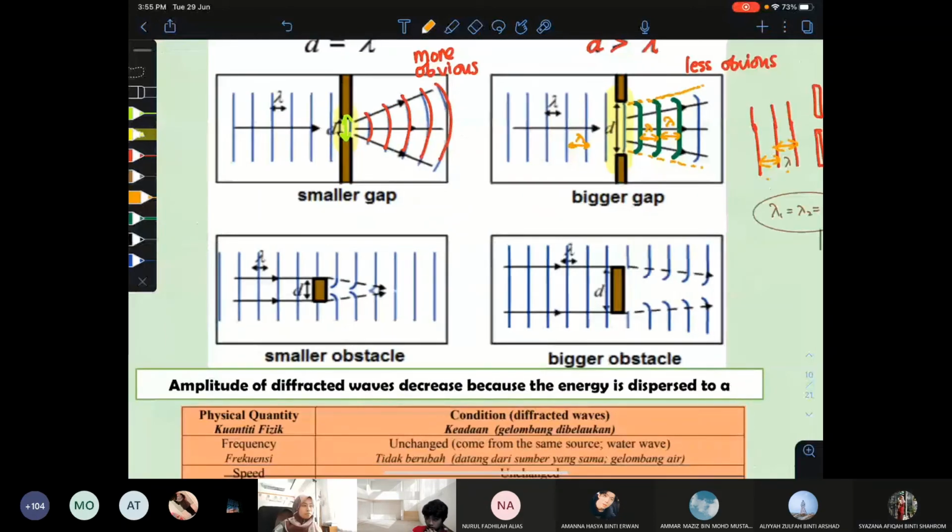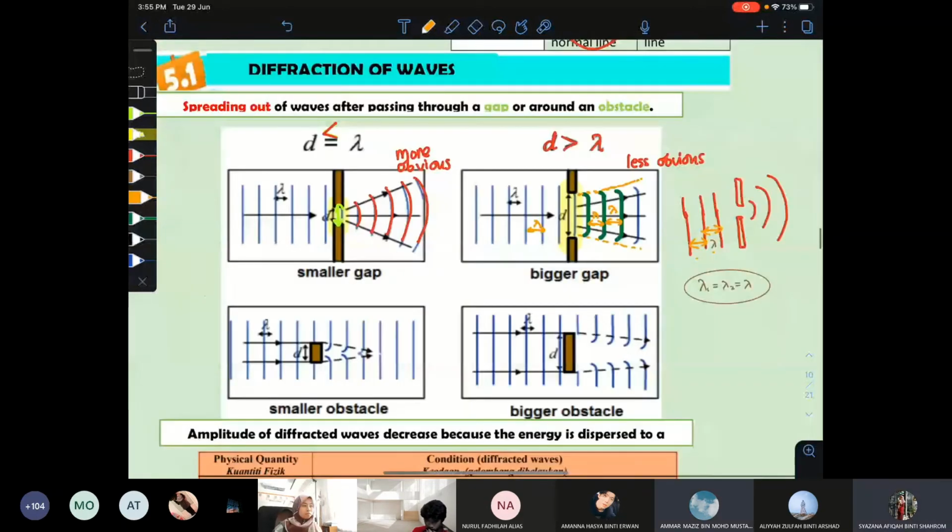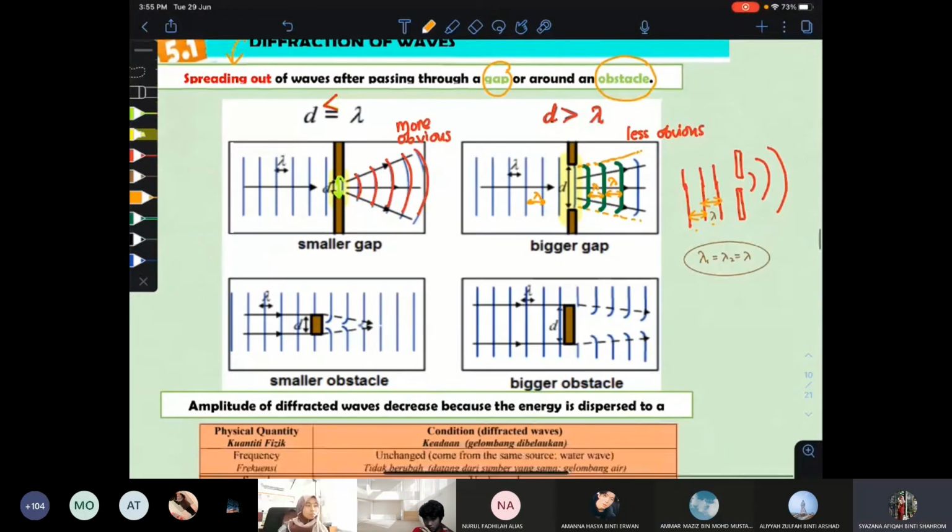No, teacher, no question. So if you look at the definition of diffraction, it is through a gap or obstacle. So there is an obstacle, so this is the obstacle. The tip to draw it: first you draw a triangle at the back, using a pencil.